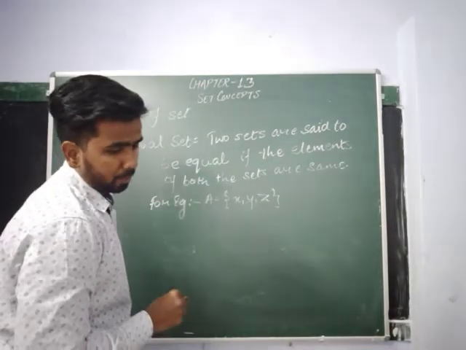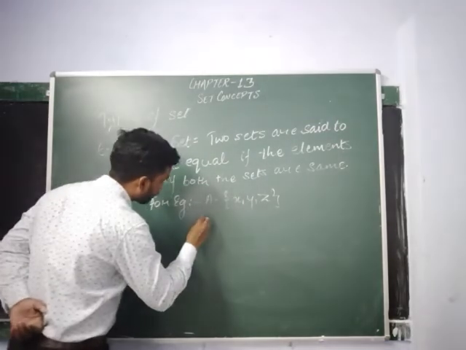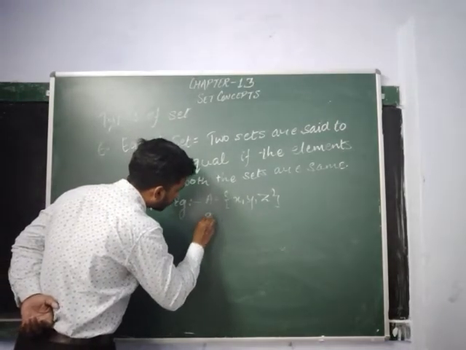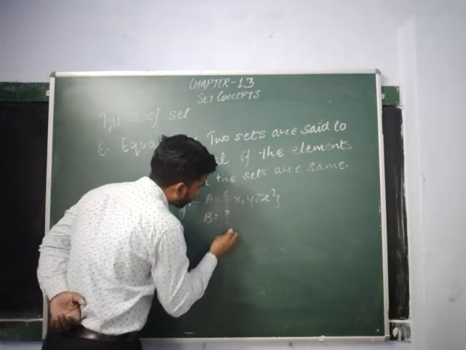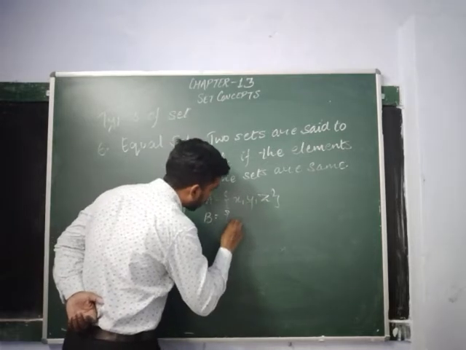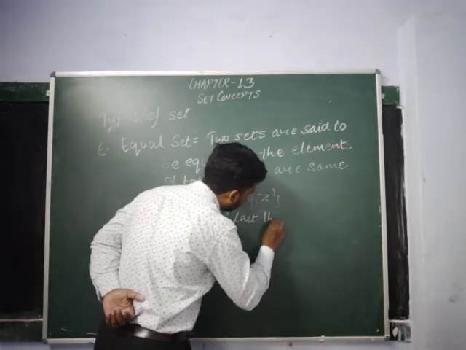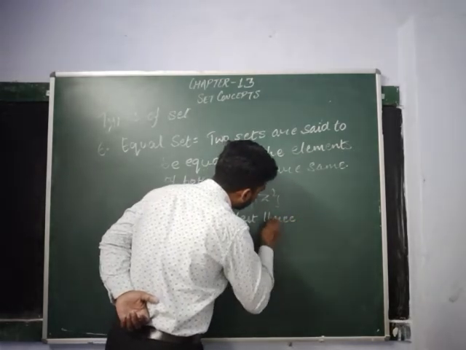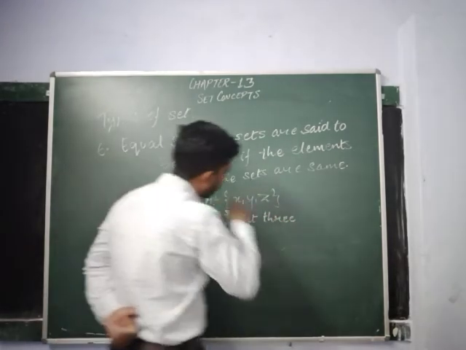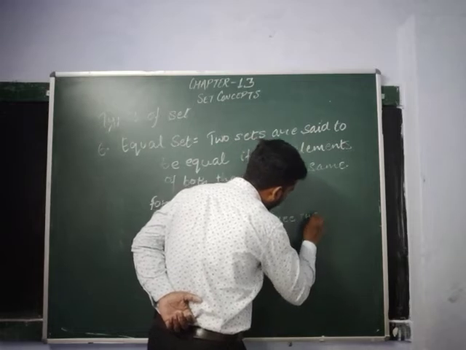And set B is last three English alphabets.